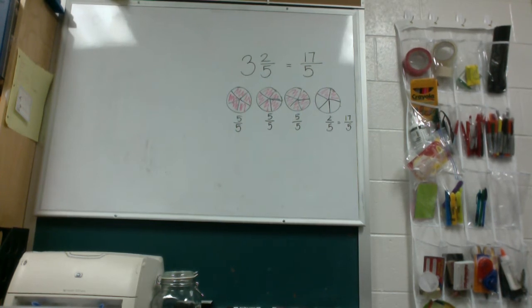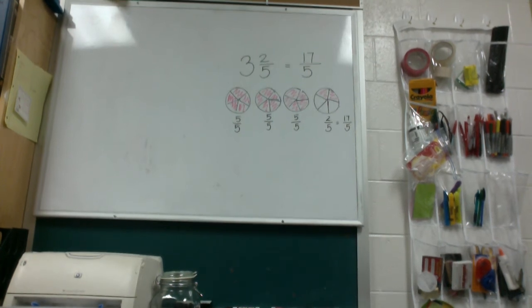So in the example up there, the 3 wholes, 5/5 plus 5/5 plus 5/5, that's the 15. When you say 5 times 3, denominator times whole number, 15, that's the 15/5, and then there are 2/5 more. So that's how we get 17/5.